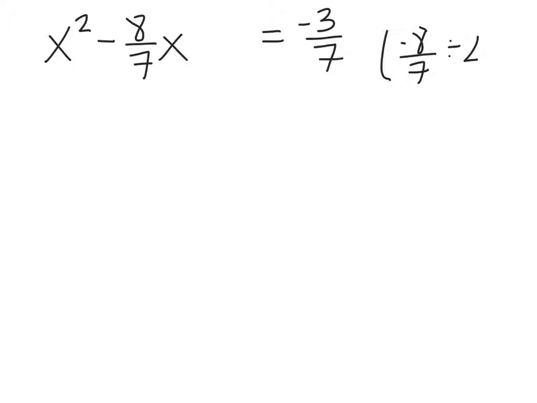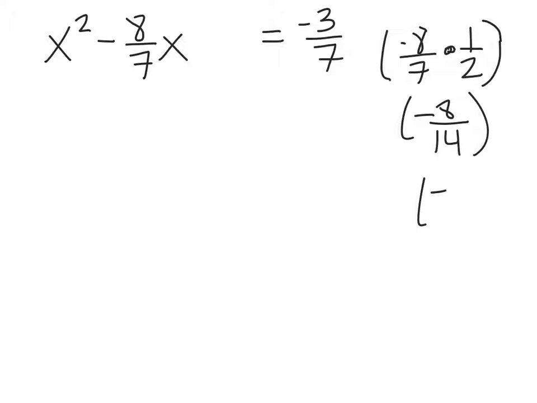So I might actually do that first, because that really means I'm multiplying by 1/2. So times 1/2. And so you get negative 8 all over 14. Oh my gosh. Which is the same as, if I divide both those by 2, I get negative 4 over 7.